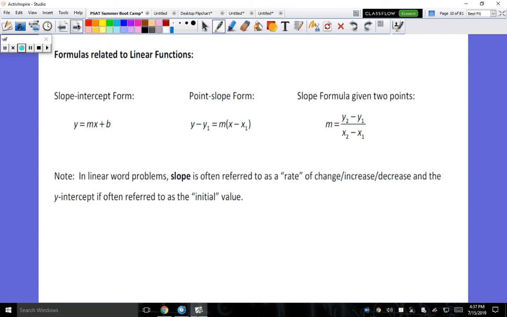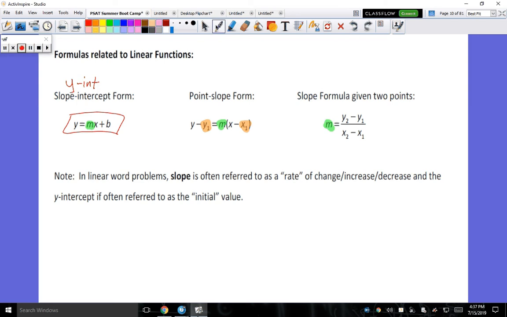Formulas related to linear functions. We've looked at the y-intercept, otherwise known as the slope-intercept form today. We will discuss the point-slope formula, which means you are given a point and a slope.